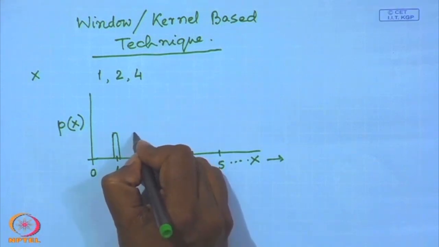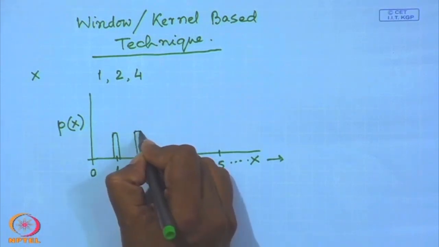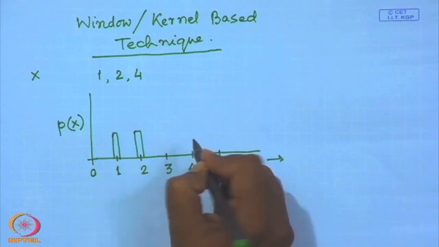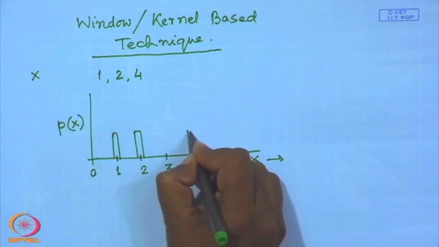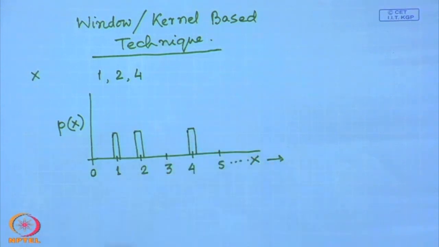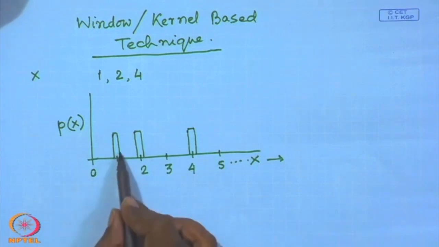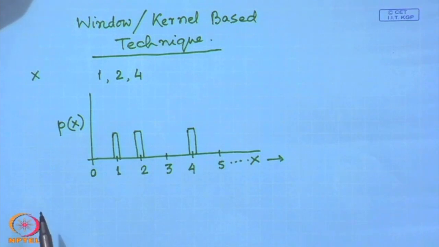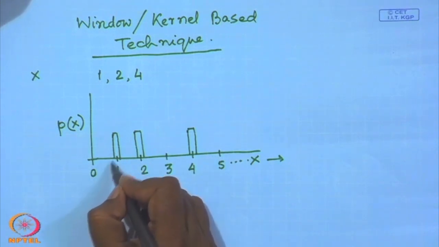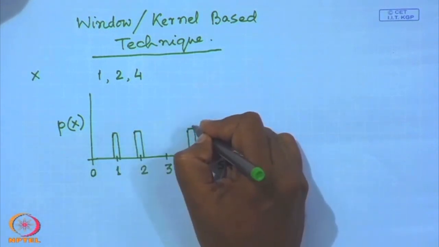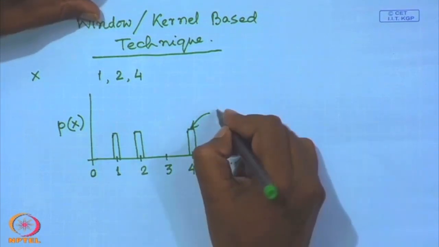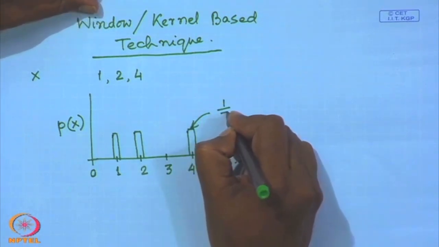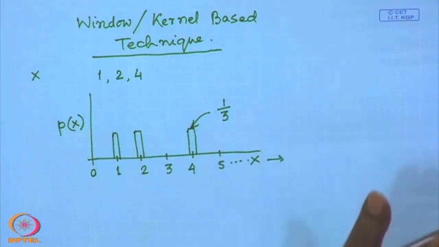Similarly, at 2 it has a probability density estimate something like this. At 4 it also has a probability density estimate something like this. And the total area of these 3 delta functions has to be equal to 1. So, that clearly means that the area of each of these probability density functions has to be 1/3, because we have 3 such delta functions.